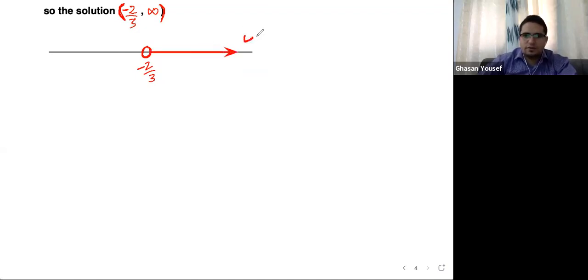Here this is the infinity. All numbers from minus 2 over 3 to positive infinity. Any questions for this example?